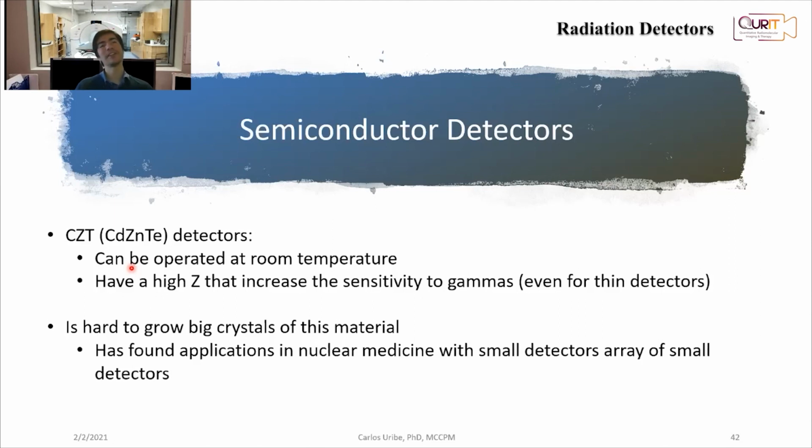So it has found applications in nuclear medicine, but only when we can use small detectors or an array of small detectors. Now, they're still expensive. Even making this array of small detectors becomes very expensive. So it's starting to make it into the clinic. There have been some cameras typically used to image the heart that are becoming more and more popular. And I think that as technology keeps advancing, hopefully they get more and more popular.